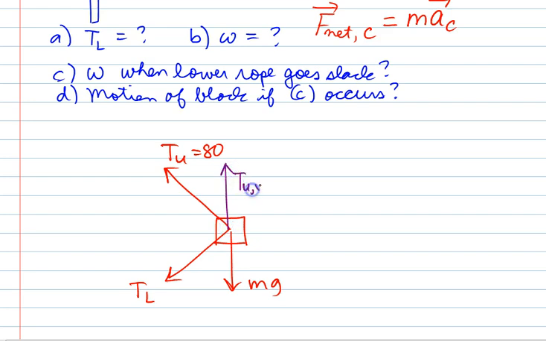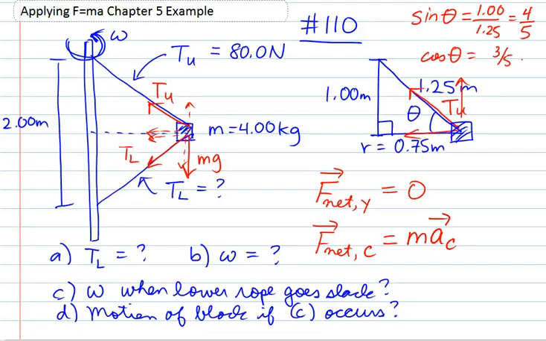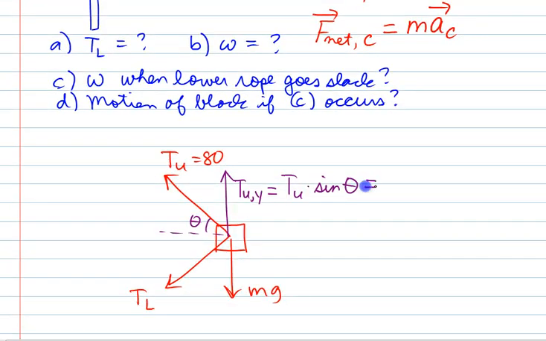This is T upper in the y direction, and that's going to be T upper times the sine of theta. And we said earlier that that was going to be 4/5, so that's going to be 4/5 of 80, and that's just 64 newtons, okay?